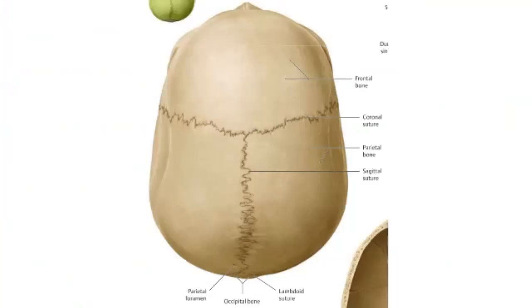I'll show you. So this is the coronal suture, the same plane as the crown, because the crown will be like this, right? So this is the coronal suture, and this one is the sagittal suture, because it is in the sagittal plane.